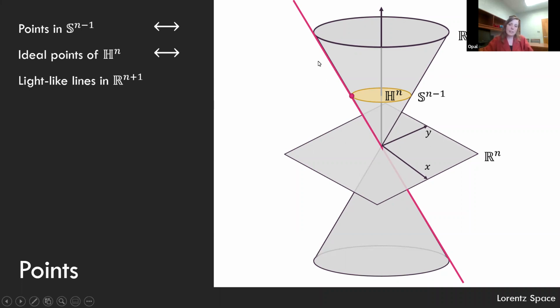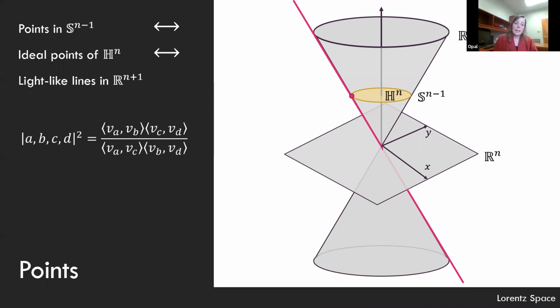I'm being careful here to say a line rather than picking out a particular vector, because there is no natural choice for a light-like vector, because there's no concept of a unit vector for light-like vectors. Light-like vectors always have a norm of 0. So instead, we use the whole light-like line to represent a point in the n-1 sphere.